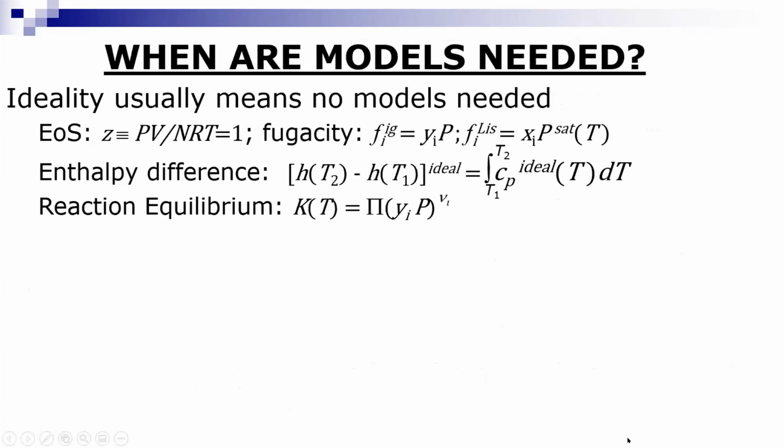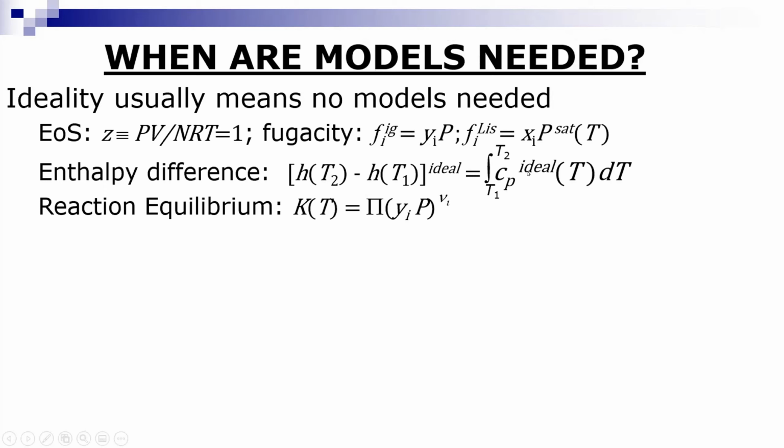So when are models needed? Well, ideality usually means no models are needed. So for example, the equation of state for an ideal gas is that the compressibility factor, PV over nRT, is 1. The fugacity is equal to the mole fraction times the pressure. If you're talking about an ideal solution, which we would talk about in a liquid, then the fugacity is the mole fraction times the vapor pressure, typically.